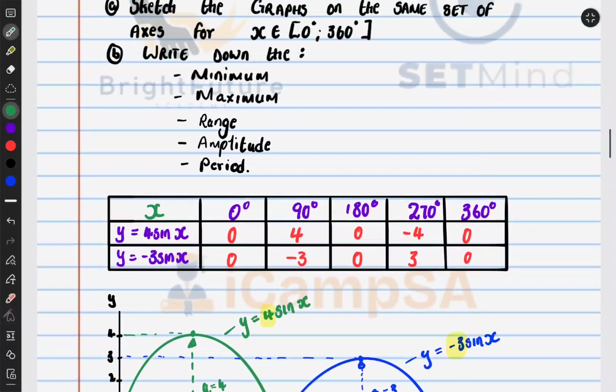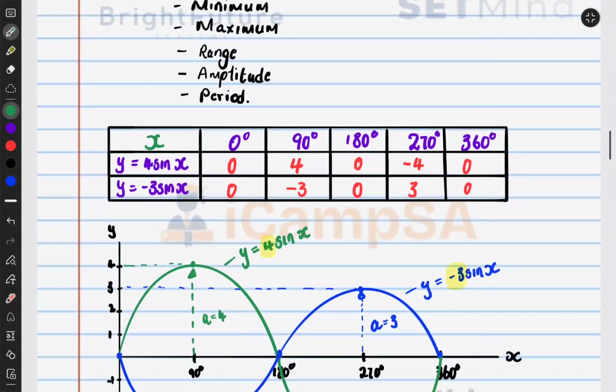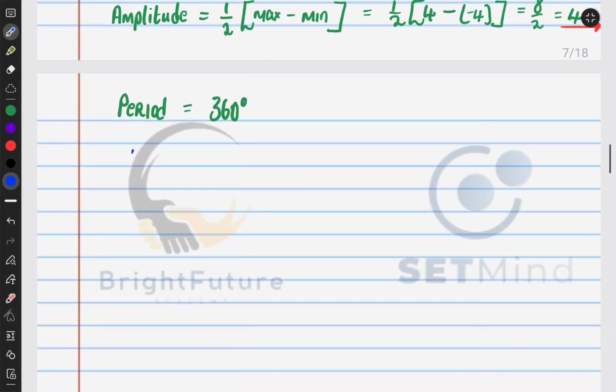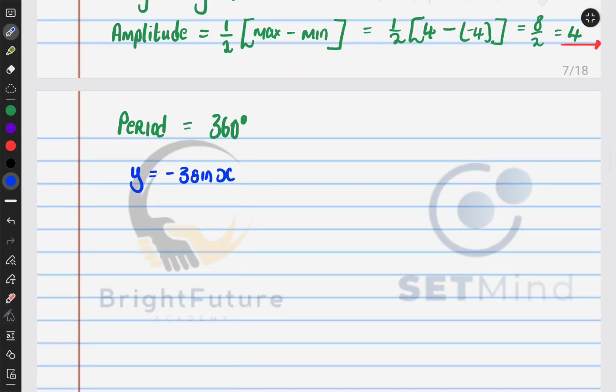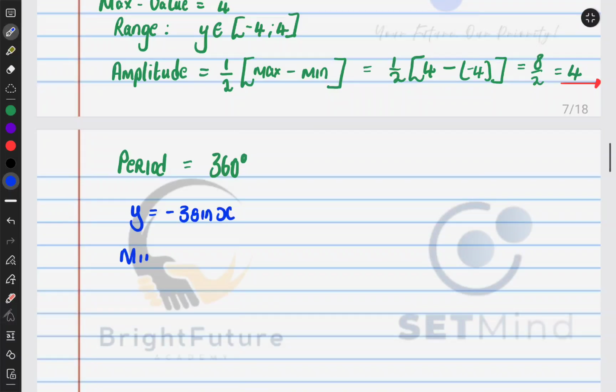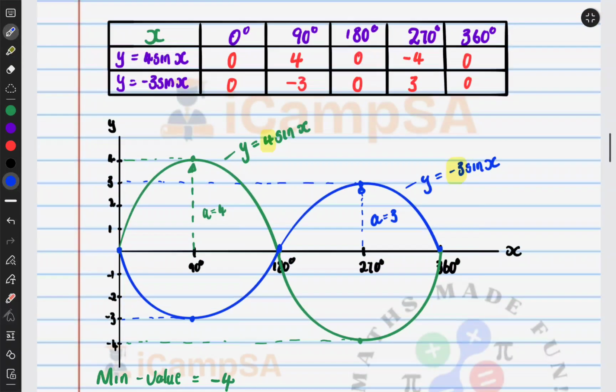Next, let's deal with the function y is equal to -3 sine x. Okay, first thing first, we are asked about the minimum value of the function. What is the minimum value?